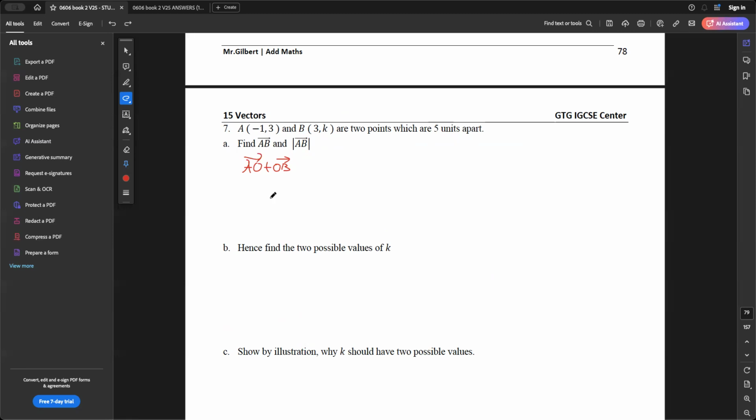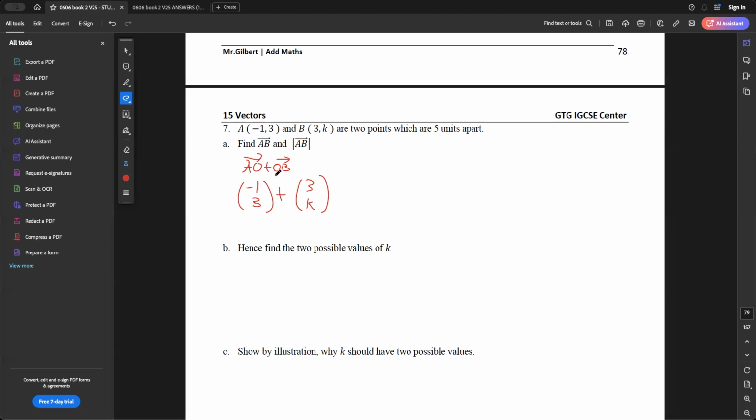How to find? What's the formula here? So bracket negative 1 and 3. No, let's say the negative outside the bracket. Why no bracket? We are going from A to O. Negative 1, 3. Then plus 3 above the K. Can like that?